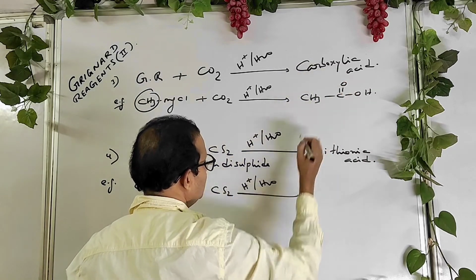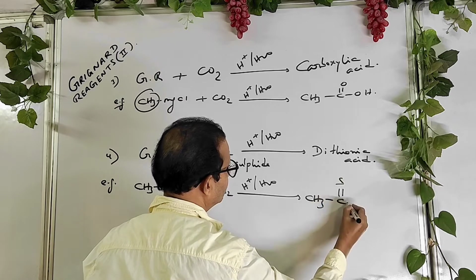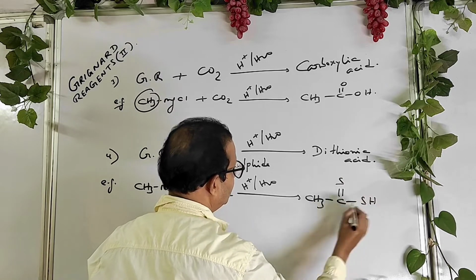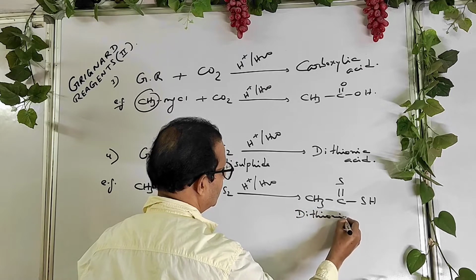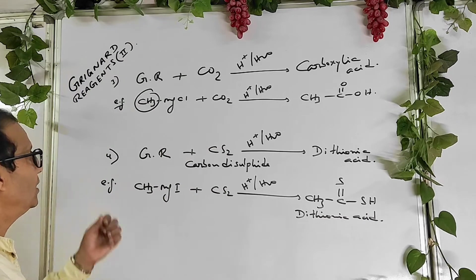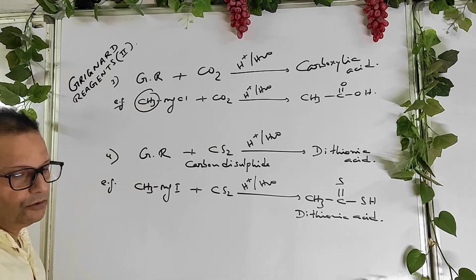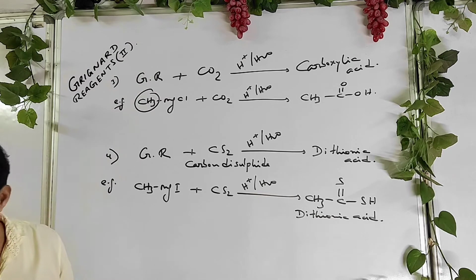See the reaction, instead of oxygen write sulfur. So it is called dithionic acid. I think you understand it. So do one reaction. That's an important exam question.